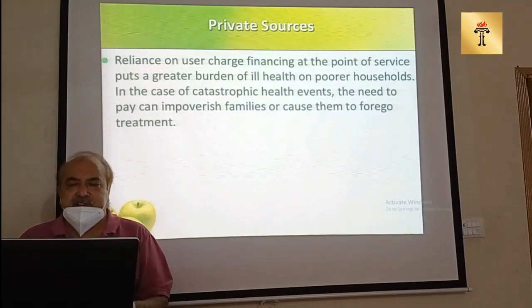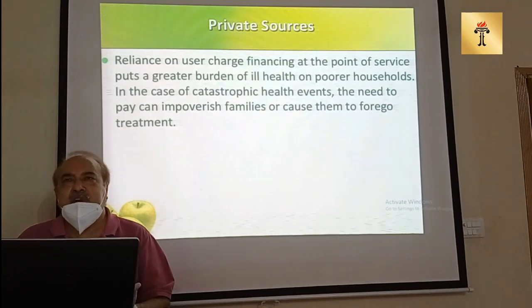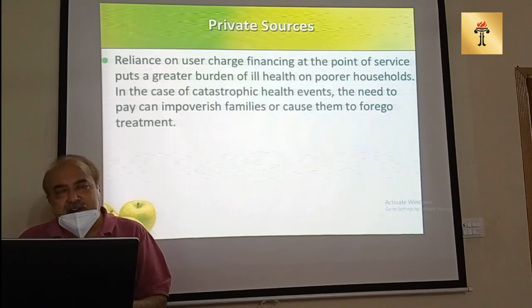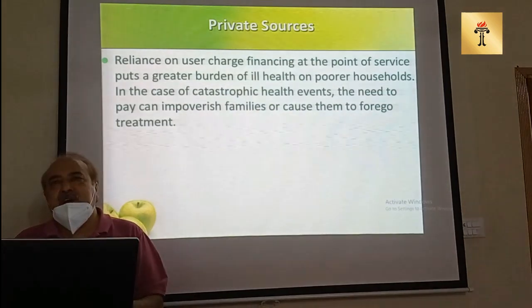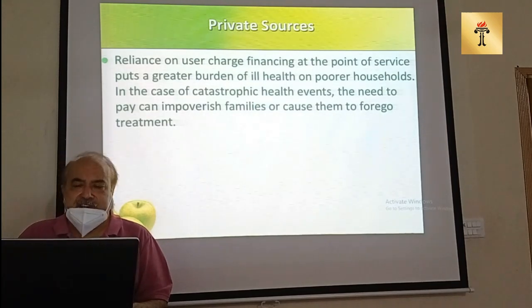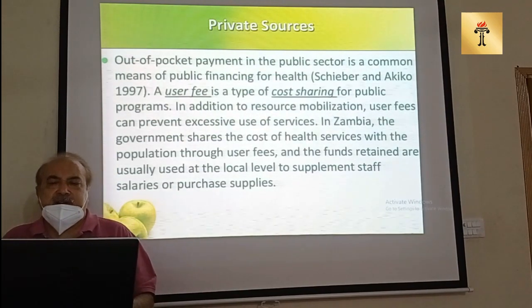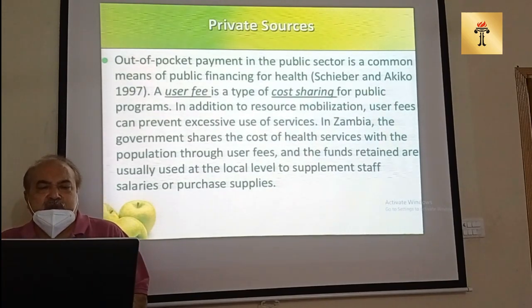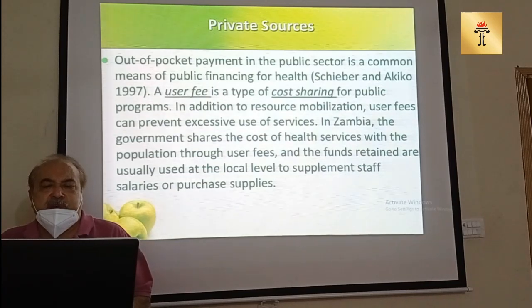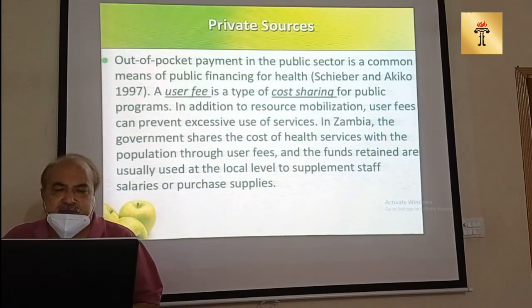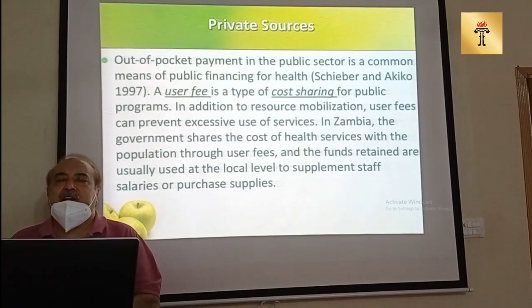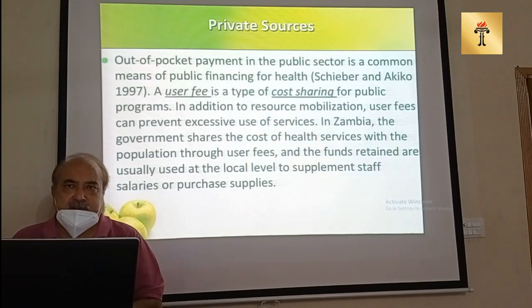But there are certain exemptions, if you are a government officer, sometimes it is charge free for advisement, but you pay for these investigations. Then a user fee is a type of cost sharing for public programs. Actually these private clinics also form a handsome part of the healthcare system.